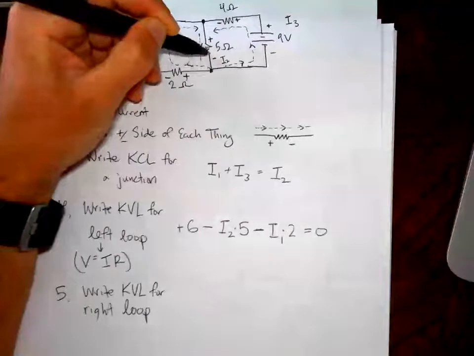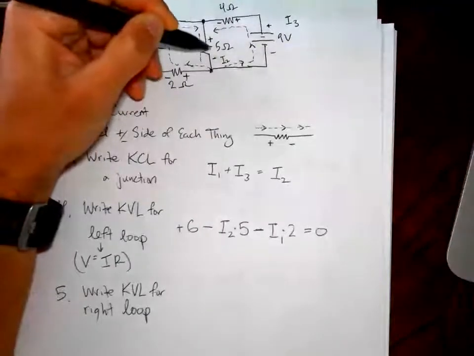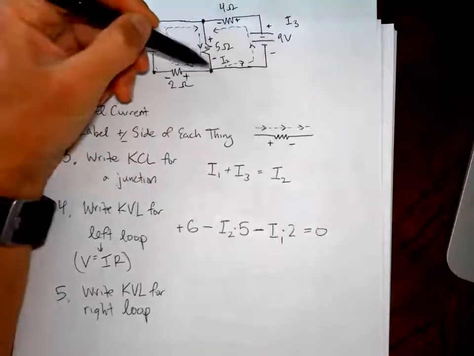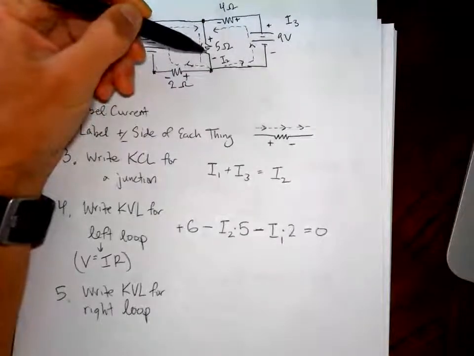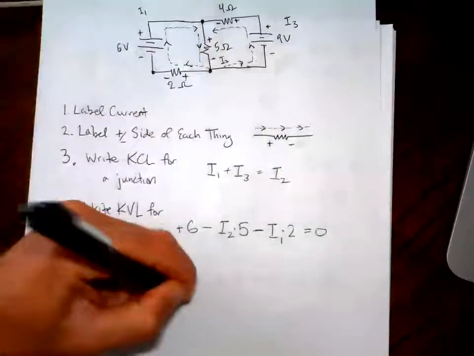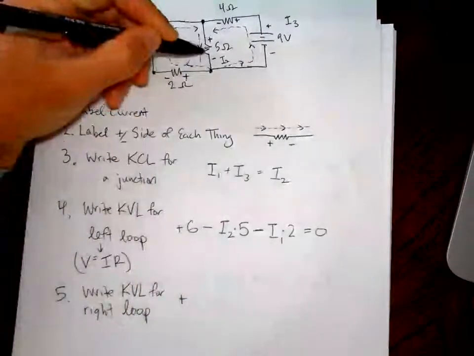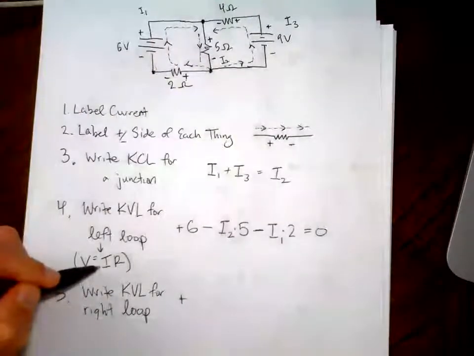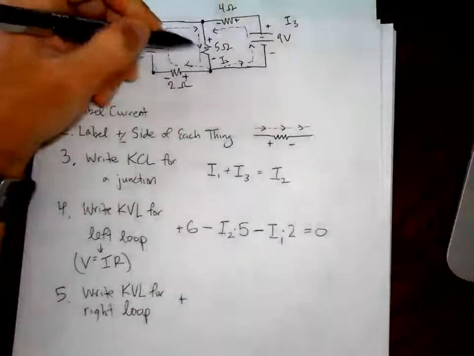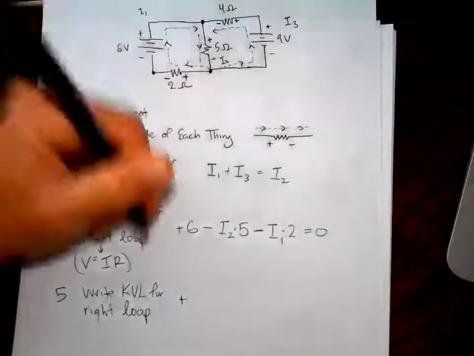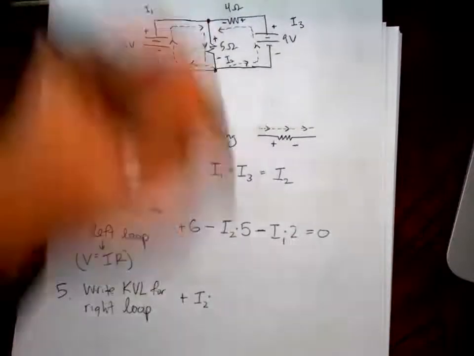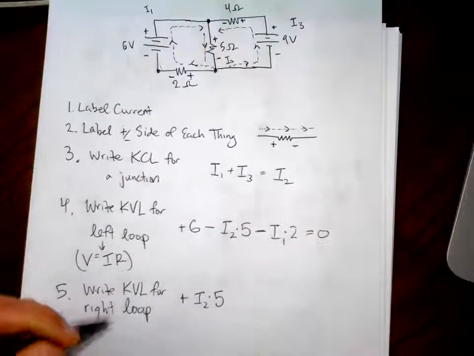If I go up along this segment, I pass through this resistor, so I have to add up that voltage change. See how I go from negative to positive? So that's a rise, and it's a resistor, so the voltage rise is I times R. I have a current, which is I2 along this segment, and a resistance, which is 5 ohms. So that's the first term.